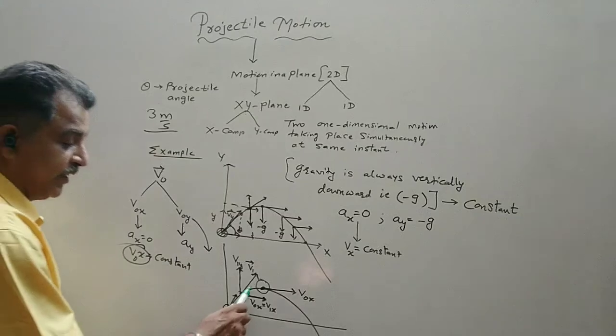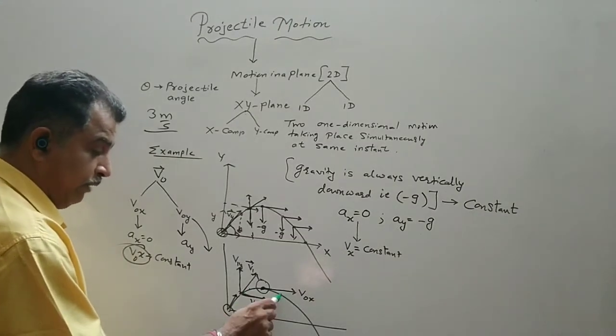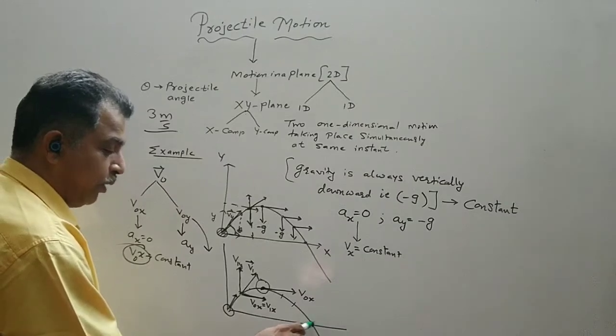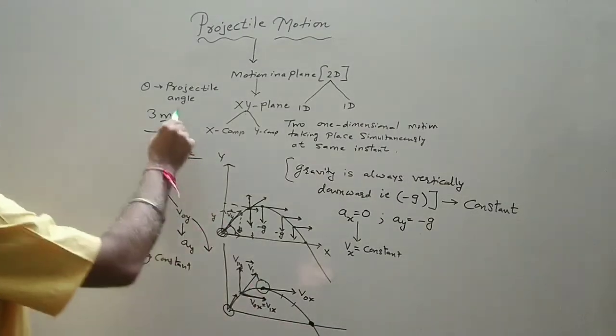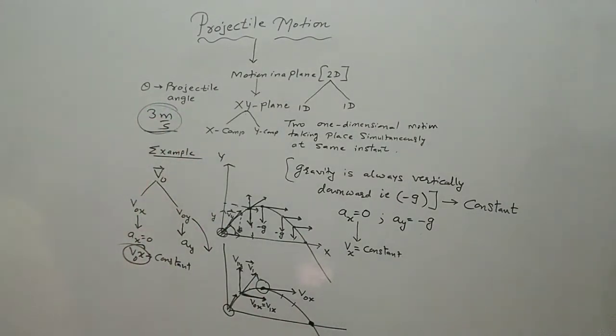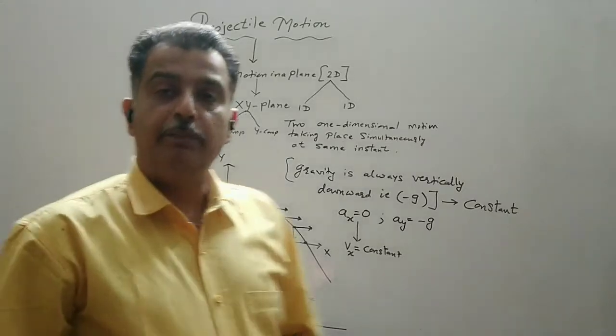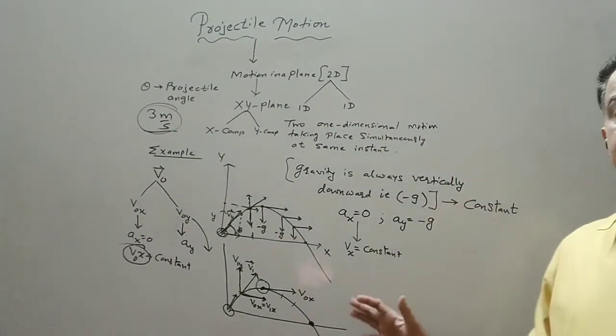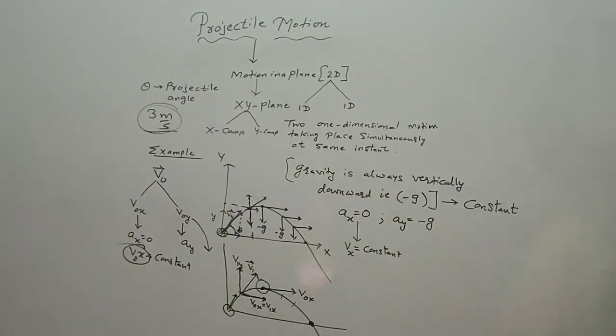Then the body will start its downward motion. Again the speed will increase. Here it becomes 1, 2, and when it strikes the ground, its speed will again be equal to 3 meters per second. So this is how we will be dealing with projectile motion. These are the basic components of projectile motion.